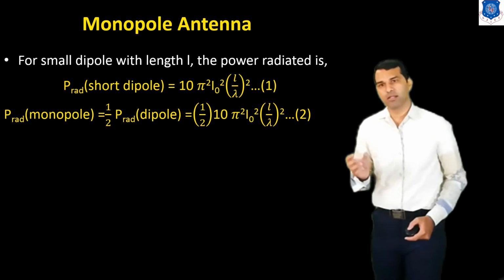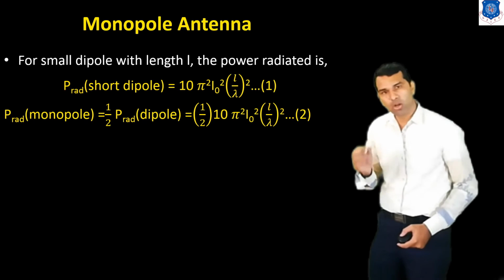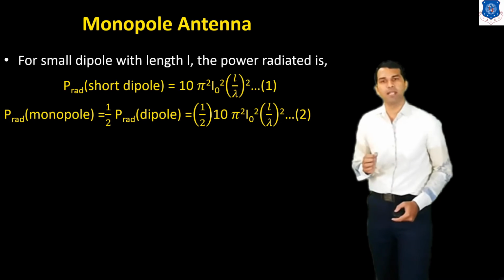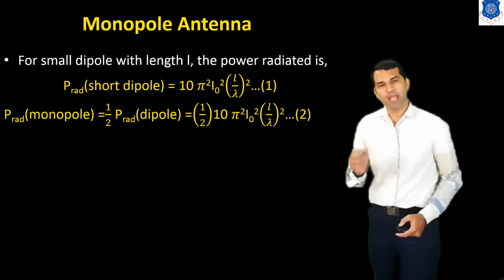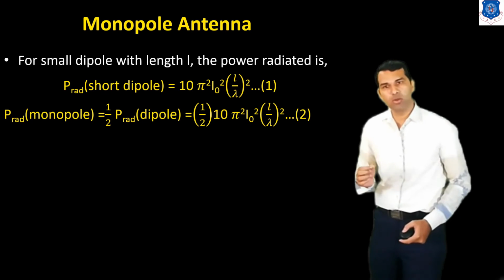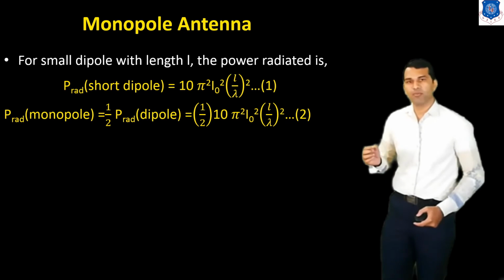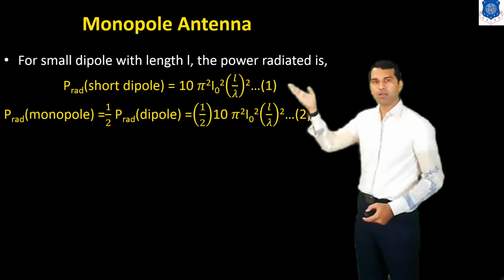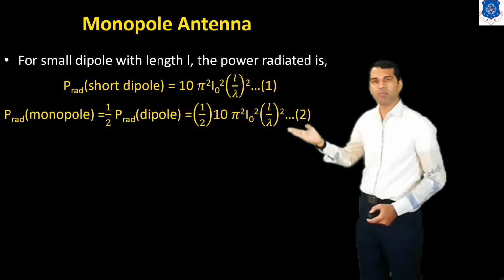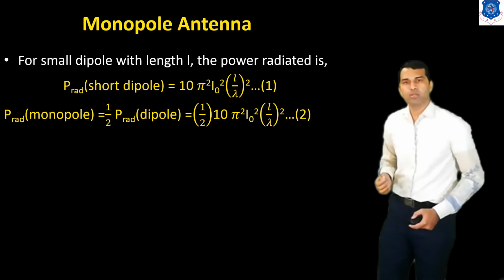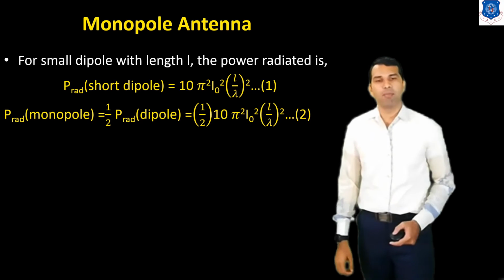So the power radiated by the monopole is equal to the power radiated by the dipole divided by 2, or 1 by 2 into the power radiated by the dipole. So we can write this as equation number 1: 1 by 2 into 10 pi square I0 square, L by lambda whole square.